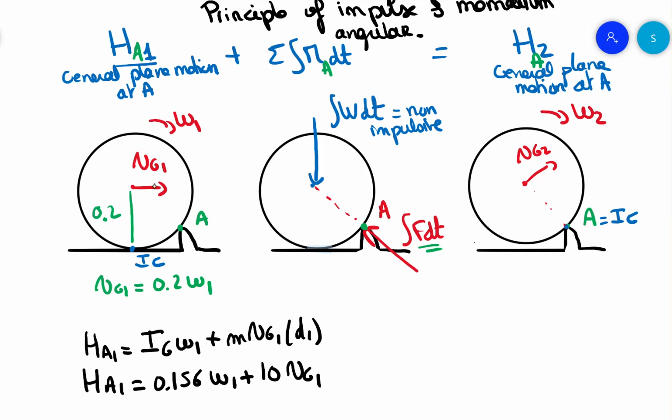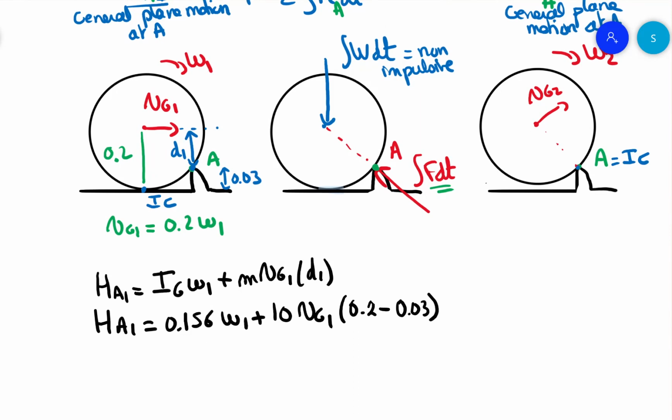D1 on the initial position is the distance between the point A and VG, this distance D. That's D1. And we know that the height of the step is 0.03. So D1 is 0.2 minus 0.03.